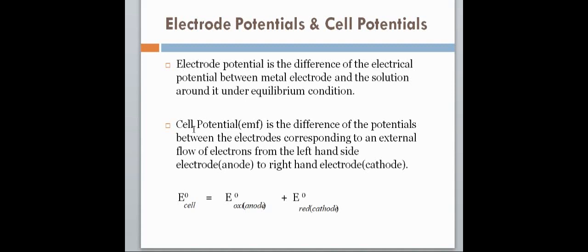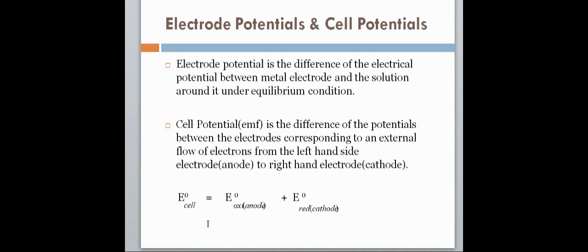Now what is cell potential? Cell potential is the difference of the potentials between the electrodes. Remember, there are two different containers containing two electrodes, cathode and anode. So it is a difference of the potentials between the electrodes corresponding to an external flow of electrons from the left hand side electrode, which is the anode, to the right hand electrode.